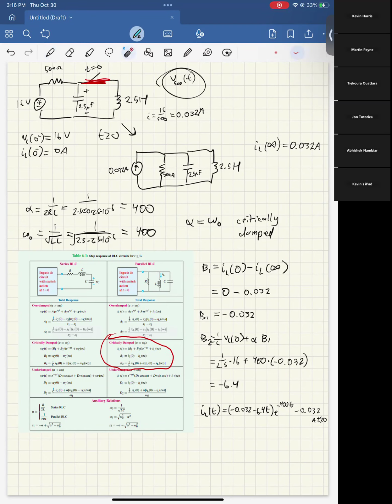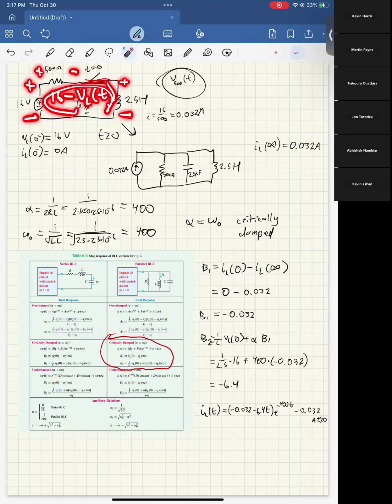Because if we look at this original circuit, so basically we did this source transform in order to learn things about the inductor. However, the real circuit we were interested in is this original circuit with this in series. So now that we found stuff about the inductor, we have to go back to this original circuit and figure stuff out about it. But before we do that, if we were to figure out the voltage across this inductor, then we know the voltage here. So the voltage across the resistor would just be 16 minus the voltage across the inductor, right?